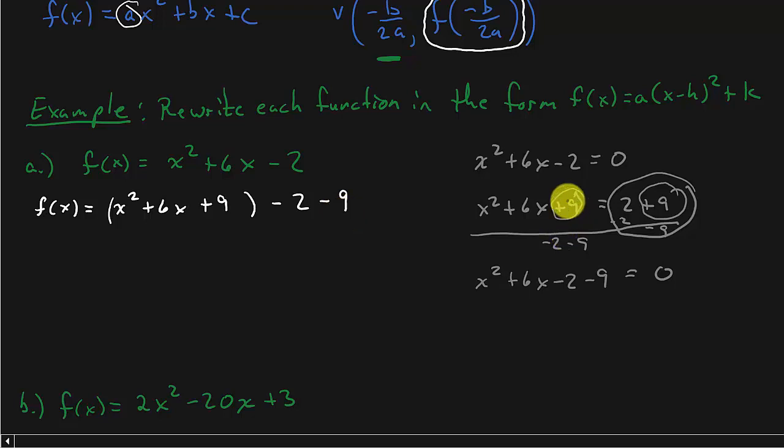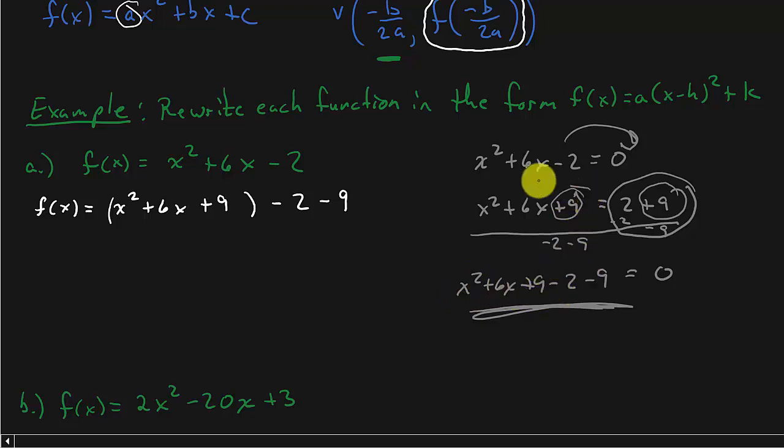And see over here, adding 9, I added it both times, but that's because I went to the other side of the equal sign. If I go to the other side of the equal sign, then yes, I'm going to add it. But if I stay on the same side of the equal sign, it's subtracted. Well, and I did forget to put this x squared plus 6x plus 9 minus 2.